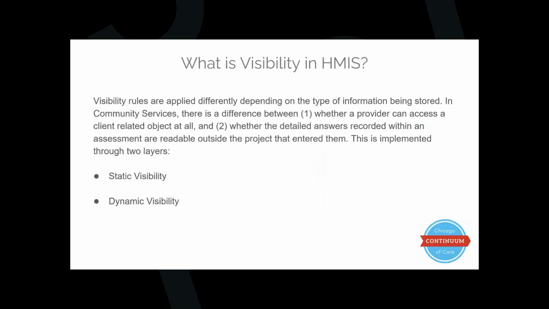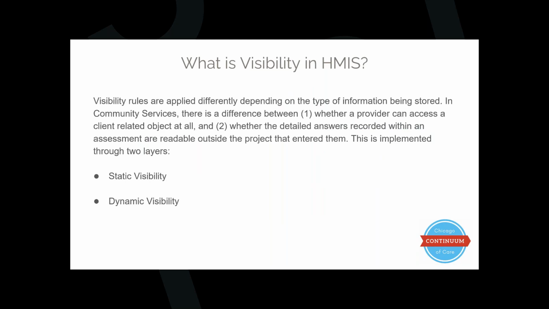Okay. Within that, visibility rules are applied differently depending on the type of information being stored. In community services, there is a difference between whether a provider can access a client-related object at all and whether the detailed answers recorded within an assessment are readable outside the project that entered them. This is implemented in two layers: static visibility and dynamic visibility.